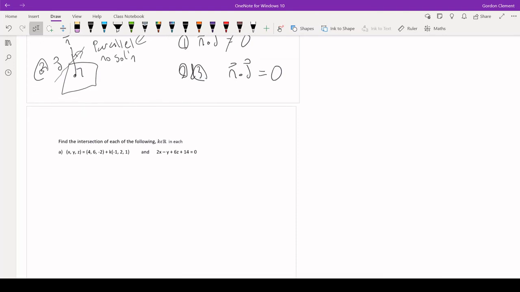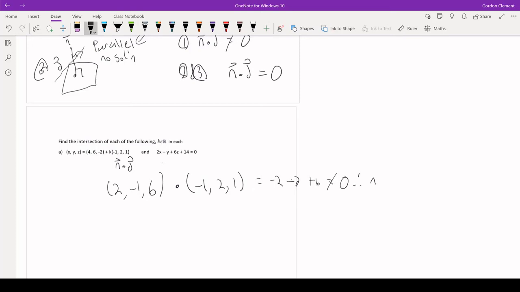So this one, the normal vector is 2, -1, 6 on the plane. That's the ABC on the plane. And we're going to dot it with the direction vector for the line. And we're going to get -2 plus another -2, so -2, and then +6, and that is definitely not 0, that's 2.